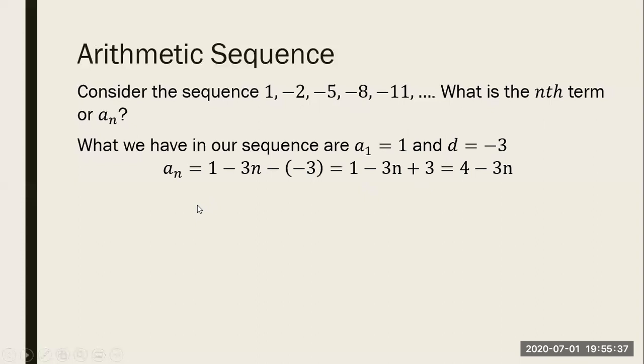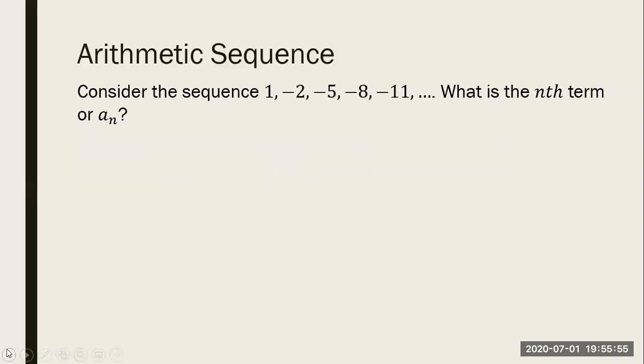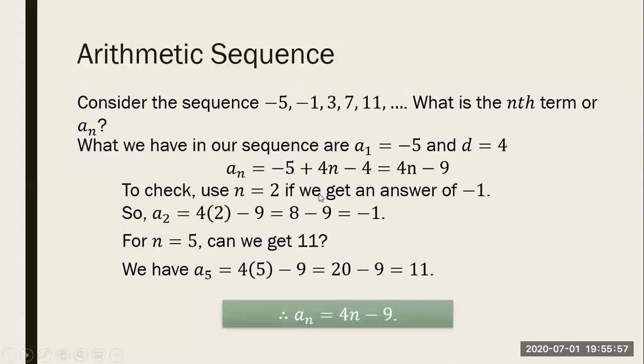So, paano kukunin ang ating initial equation? Kukunin ang first term, a sub 1, minus the common difference, 3. So, minus 3n, minus the negative 3. So, kanina, ginawa natin is plus. Okay? Plus, kasi positive ang ating d.